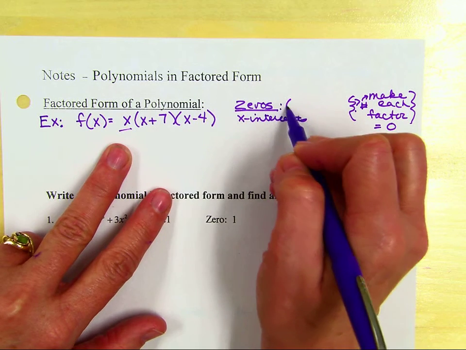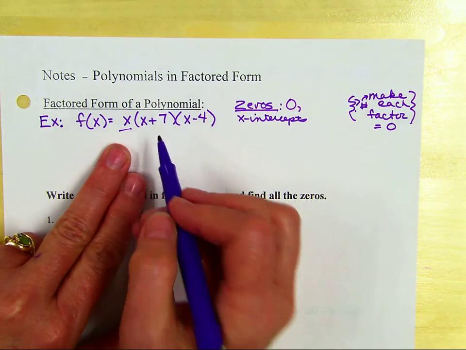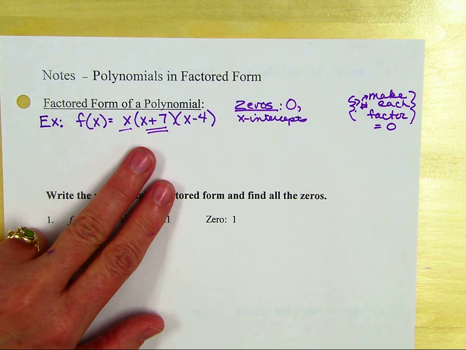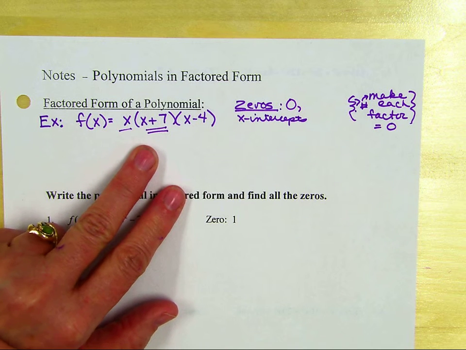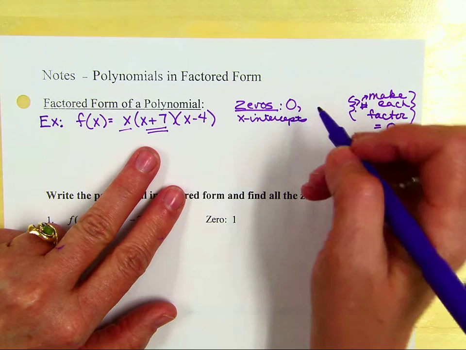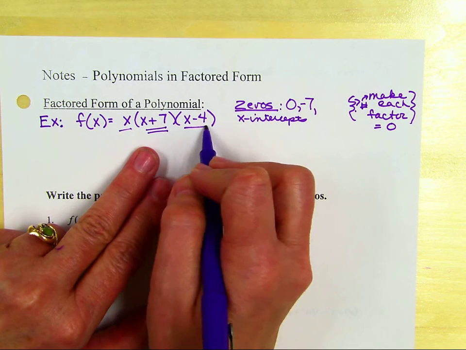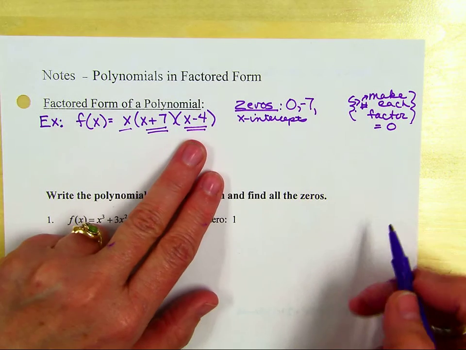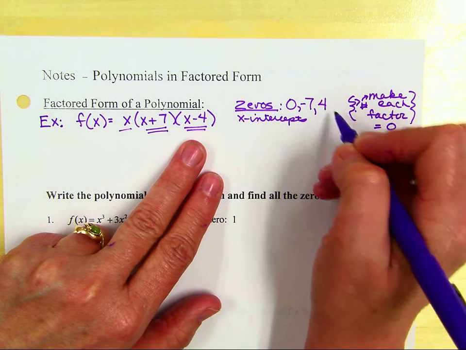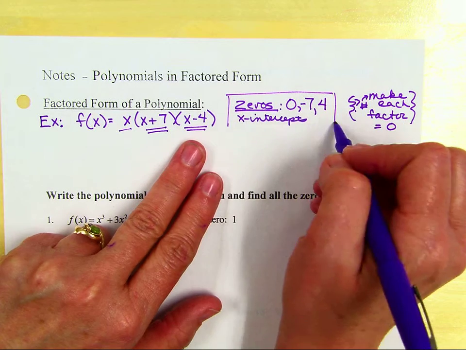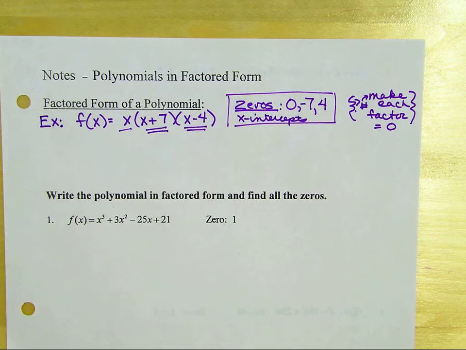Well, if x was 0. Second factor, what would make x plus 7 equal to 0? Well, if x was negative 7. What would make x plus 4 equal to 0? If x was negative 4. So those are my 3 zeros for this equation.